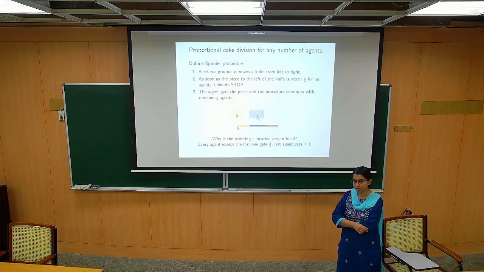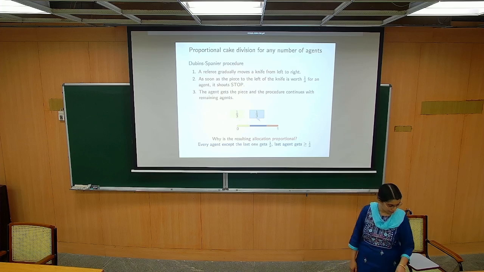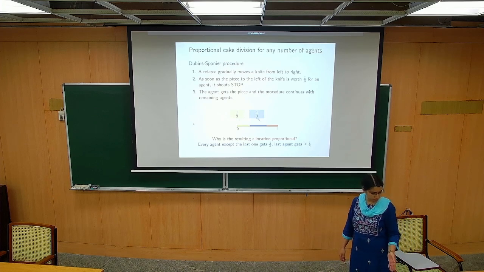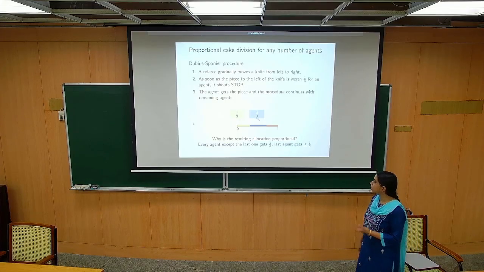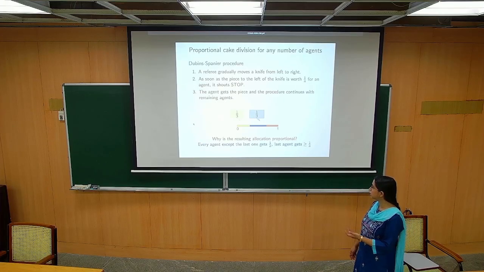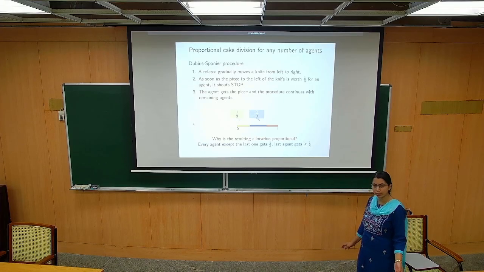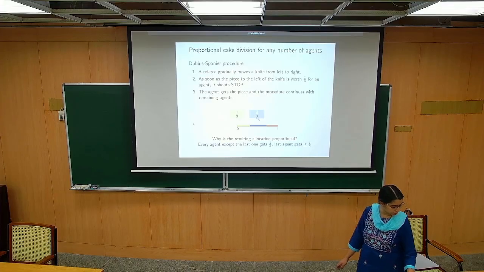That's right. For example, we will ask a cut query for 0, 1 over n for every agent, so all n agents. So n queries will give us the first piece, whichever is the smallest, and we will give that piece to that agent. And then we will continue. Essentially, order of n square queries is what we will do.